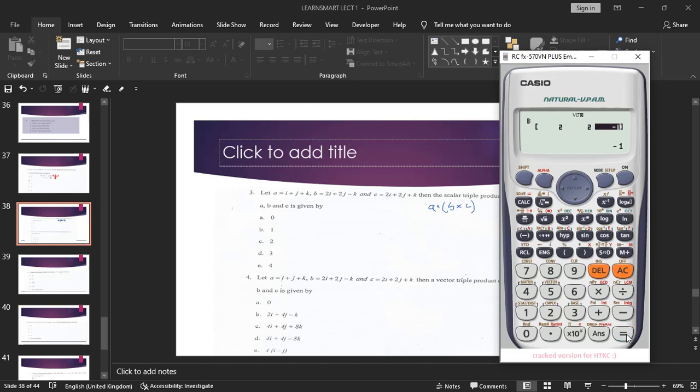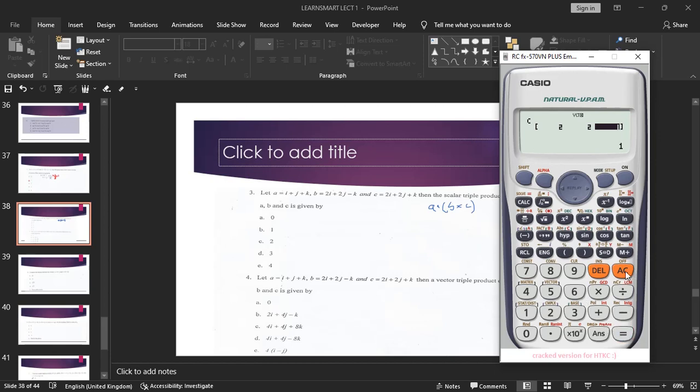Then you do that again for vector C: you choose 1, and vector C is 2, 2, and then positive 1. This is our vector C.